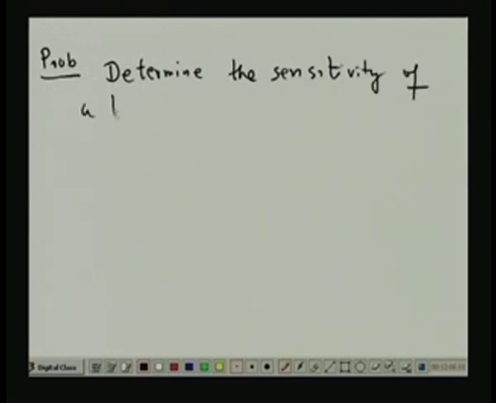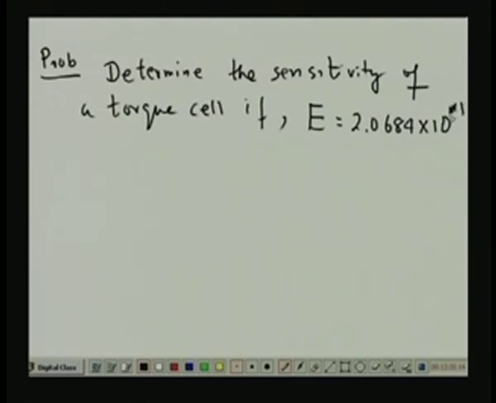The problem is like this. Problem 1. Determine the sensitivity of a torque cell if the modulus of elasticity of the link material, E, is 2.0684 times 10 to the power 11 Newton per meter square.